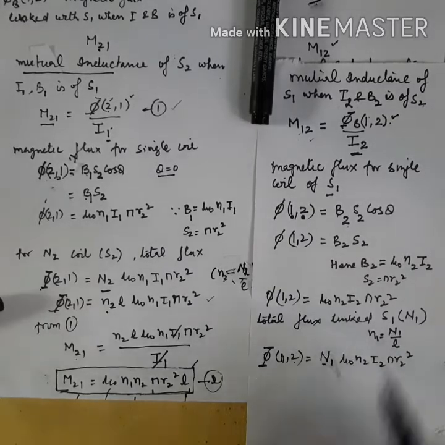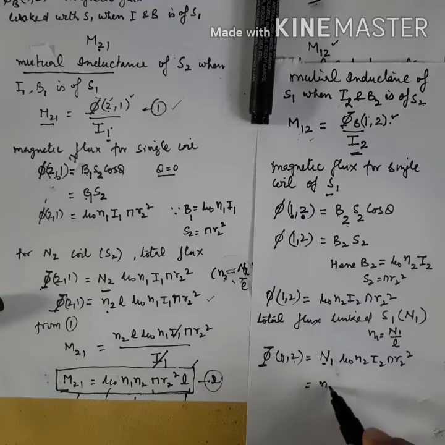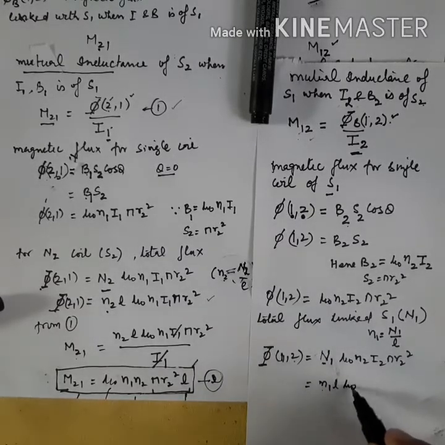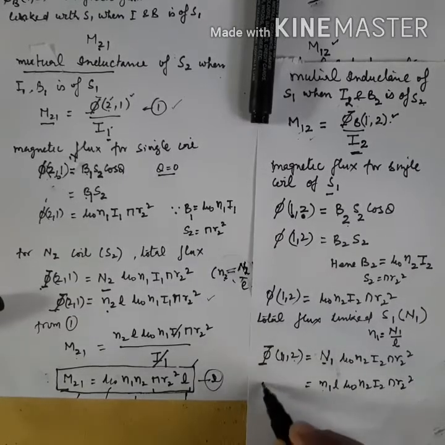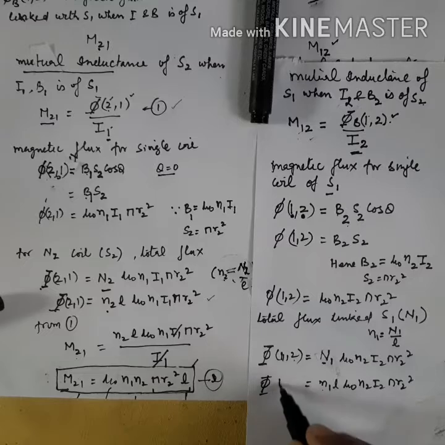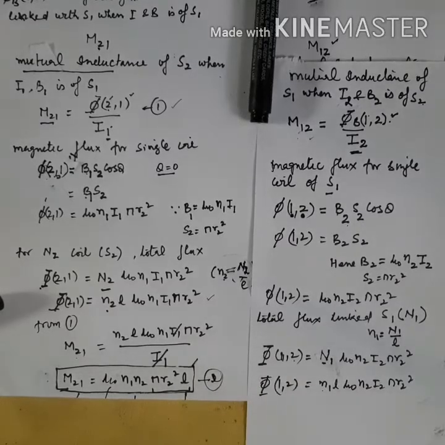From this formula, it is N1 number of turns per unit length multiplied by its length L, times mu naught N2 I2 pi R2 square. So this is the total flux linked with the first coil with respect to the second.